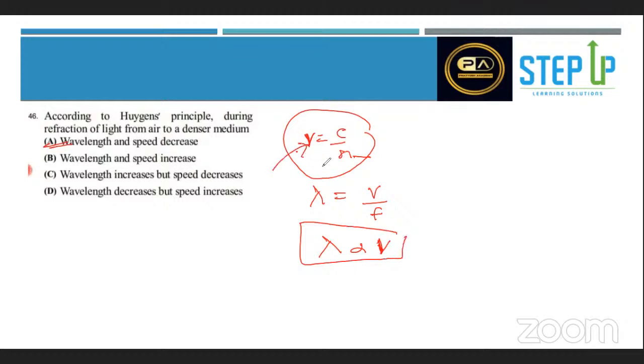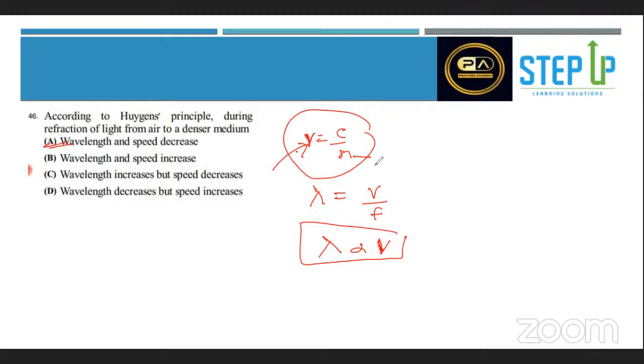So if the light comes from air to a denser medium, the frequency is not going to change, but the velocity changes, so lambda will also decrease because the velocity is decreasing. As speed decreases, lambda also decreases. So the wavelength and the speed both decrease, because air is a rare medium.